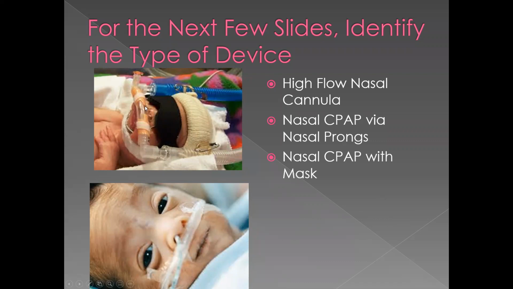Maybe you see the light shining right here. Yeah. And that's why you think that. But there's some prongs coming out of this bar and going into this nose, and then another prong coming into this nose. So that's nasal CPAP via nasal prongs. And what about the picture on the bottom? Yeah, high flow nasal cannula, and you can tell because there's room around the prongs.